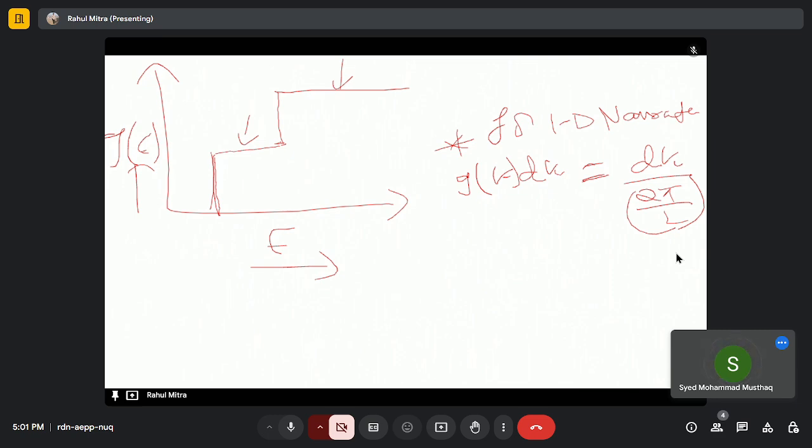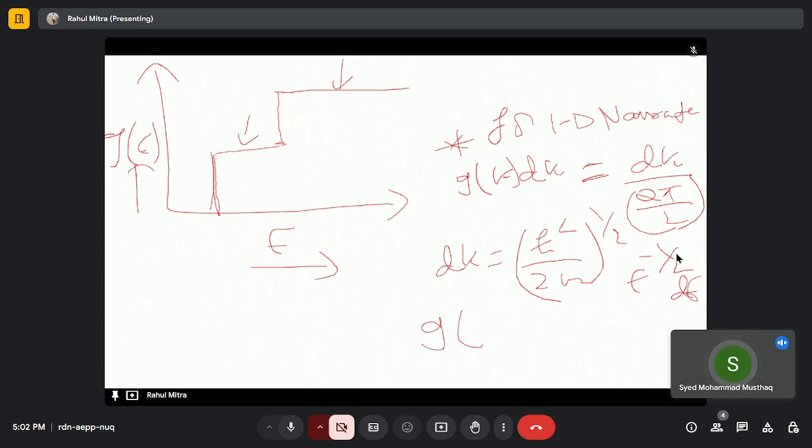Now again, going back to that equation, dk is equal to (ħ²/2m)^(1/2) E^(-1/2) dE. We substitute it there. Then it will simply turn to G(E) proportional to E^(-1/2).